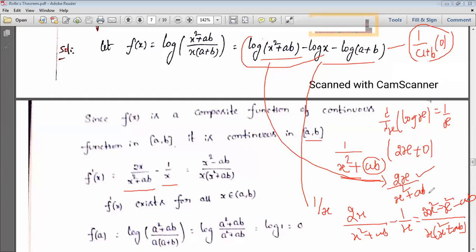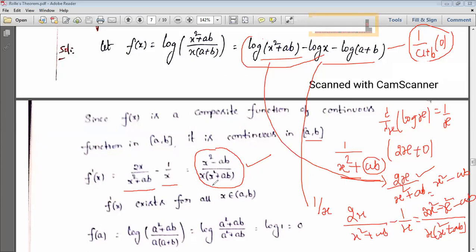So 2x square minus x square is x square minus ab, over x into x square plus ab. So that's why I wrote here x square minus ab by x into x square plus ab. Directly I wrote it by taking LCM: 2x square minus x square minus ab, and 2x square minus x square is x square minus ab.